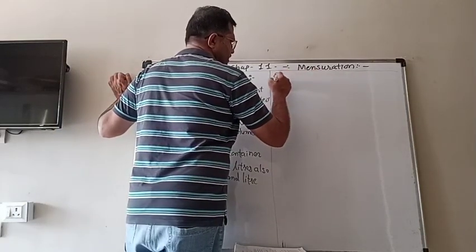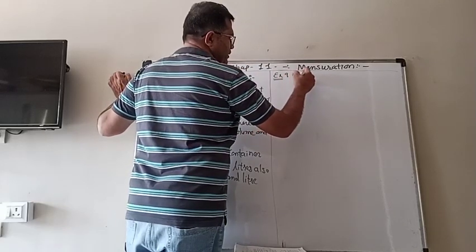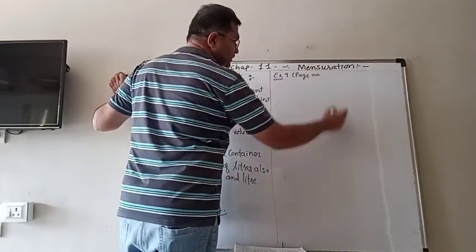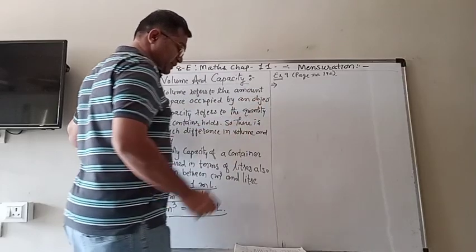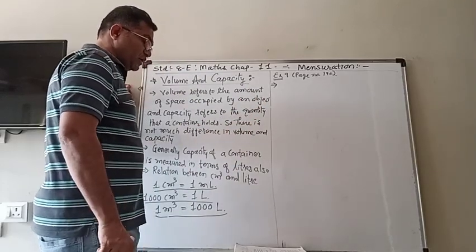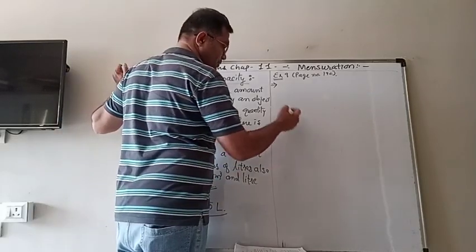So let's take an example, example number 9 on page number 190. What is given here? Let's see. Find the height of a cuboid whose volume is 275 centimeter cube.